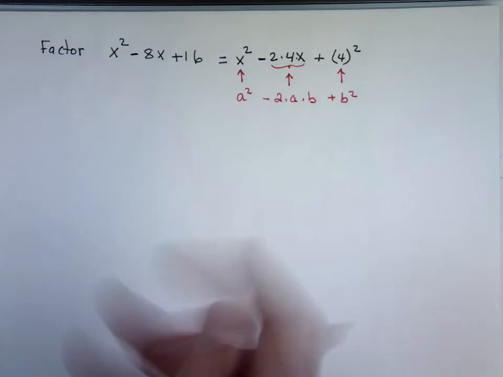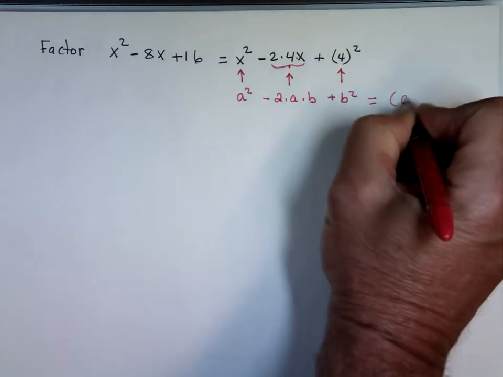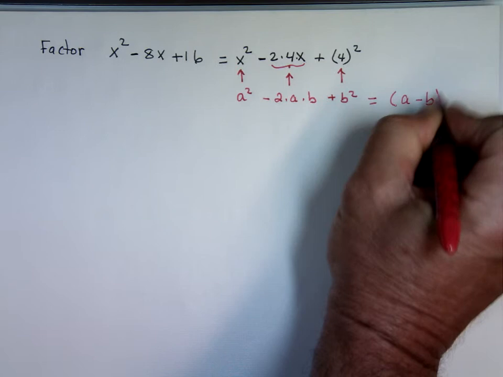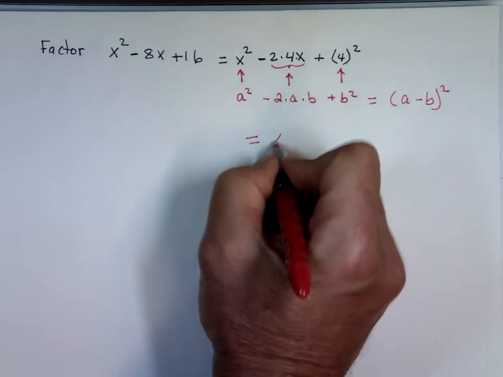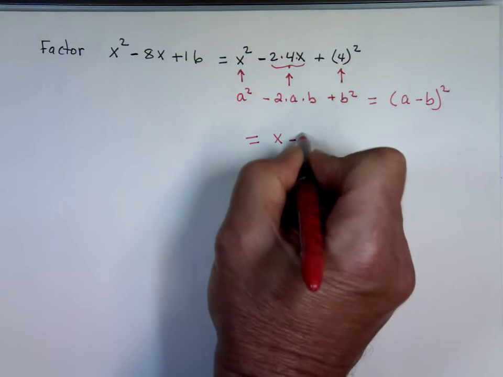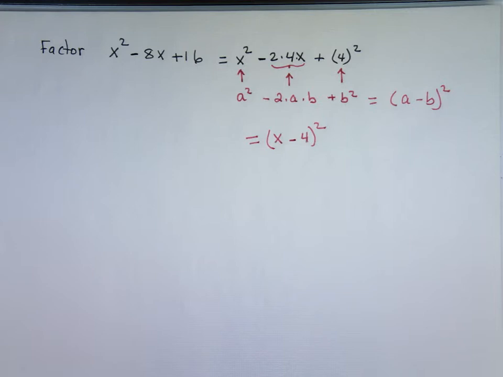And once you know that fits that form, you know the answer when you factor it is going to be a minus b squared. So my answer to this, if I factor it, a is x, b is 4, and that's the answer.